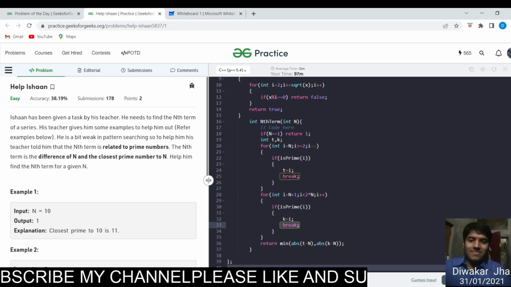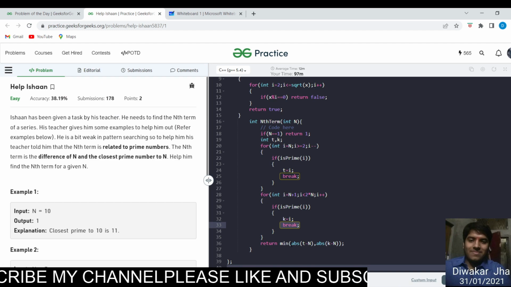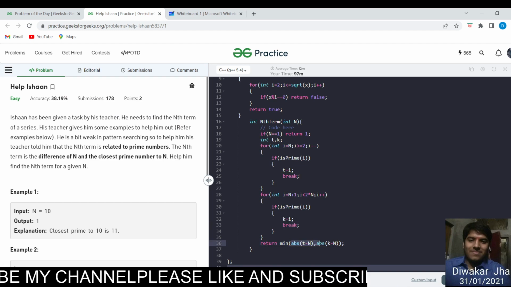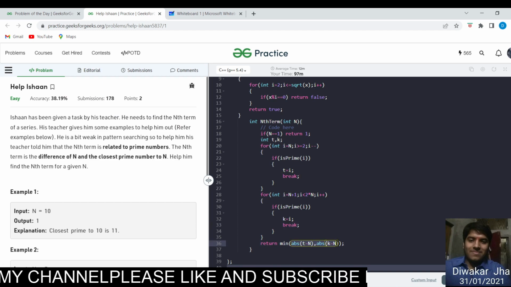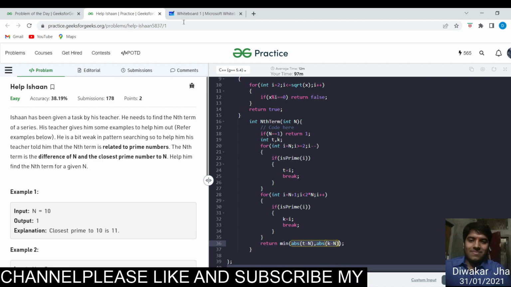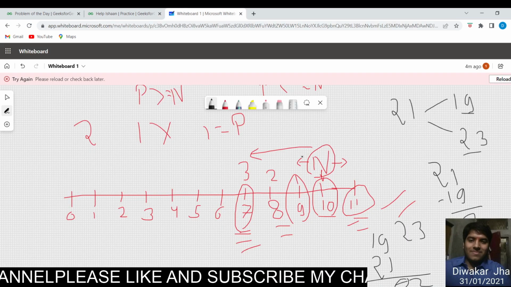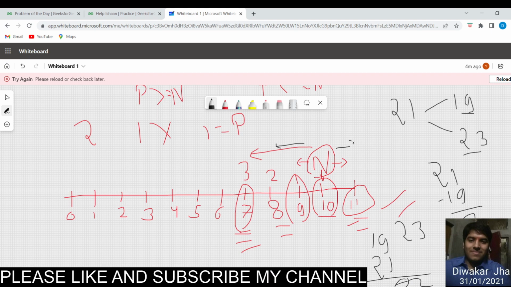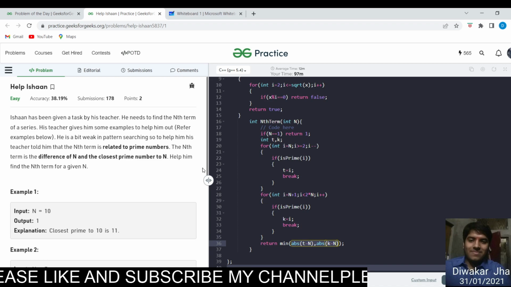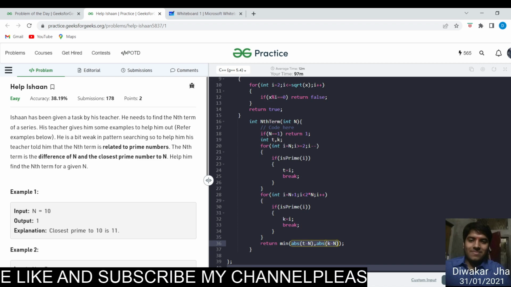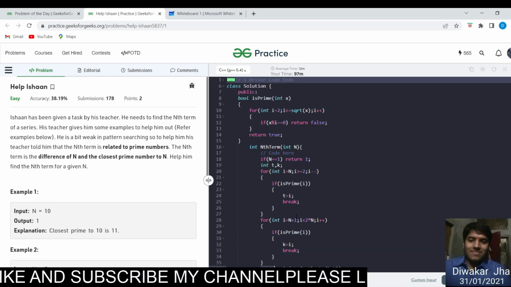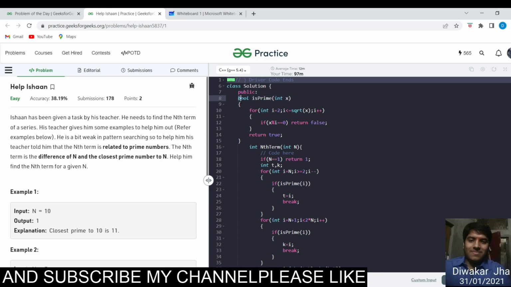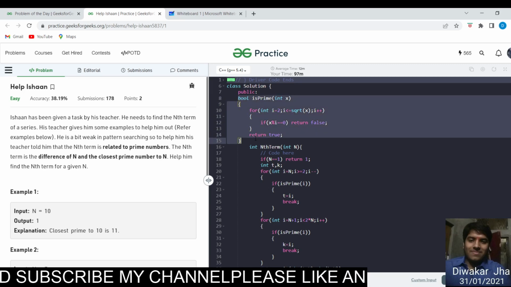So we return the minimum of the distances, either on the left side or on the right side, whichever is the closest prime number. And here is the check for a prime number.